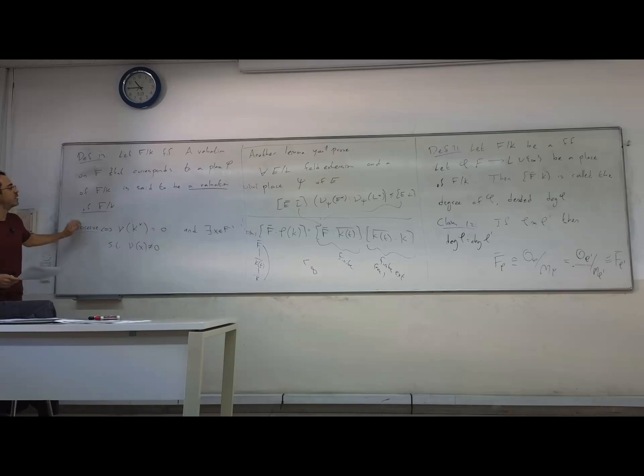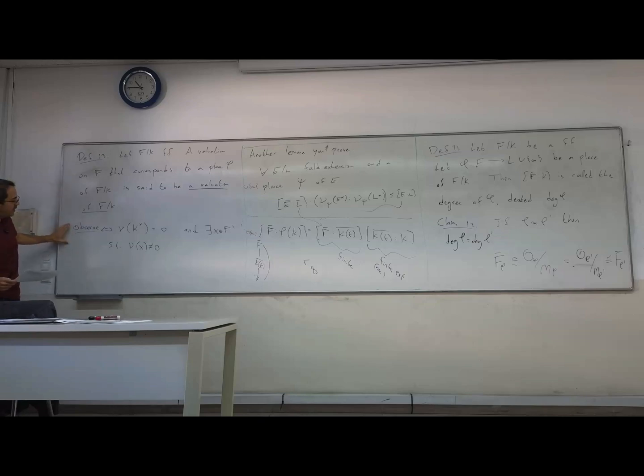In the definition, you're only speaking about a valuation that corresponds to a place of F over K, not of F. Right? So why don't you just take the case that corresponds to a place of F over K? Because I want it. So you can do both, and both of them are useful. It's equivalent. You can either talk in terms of valuations, or you can talk in terms of places.